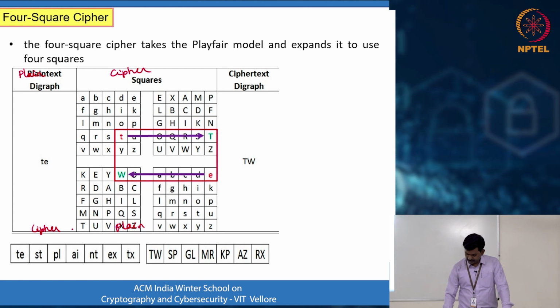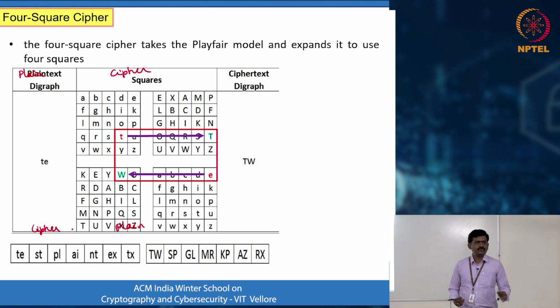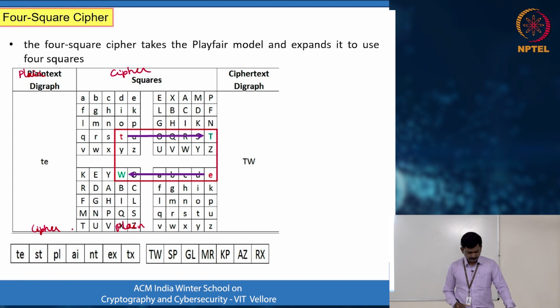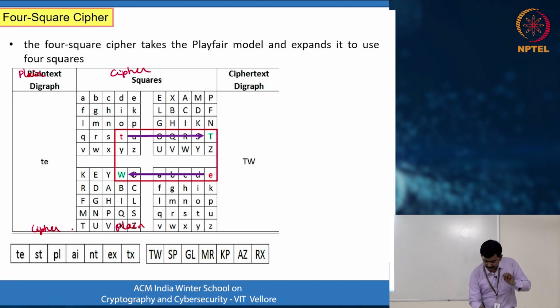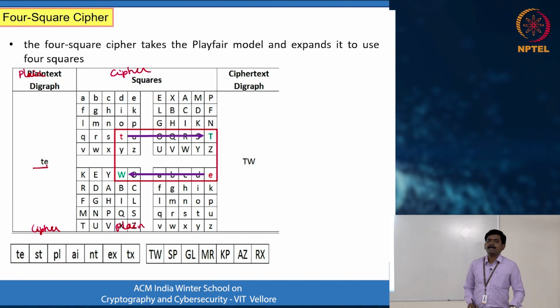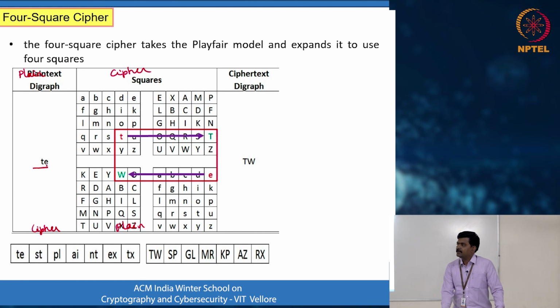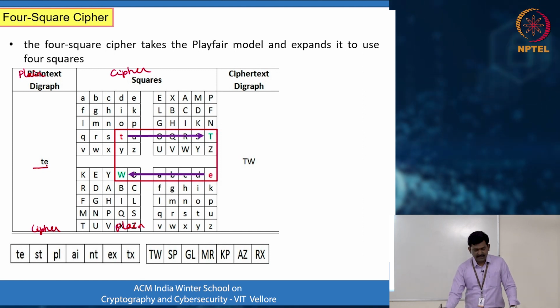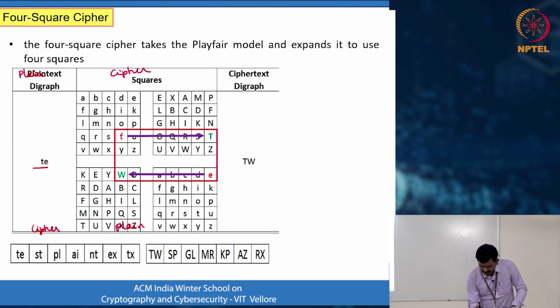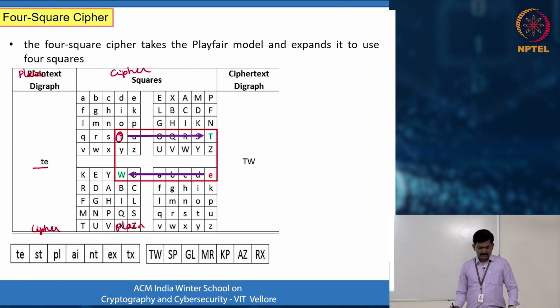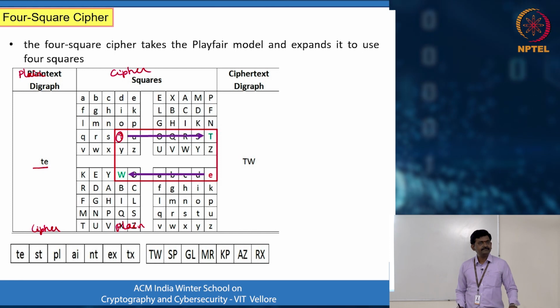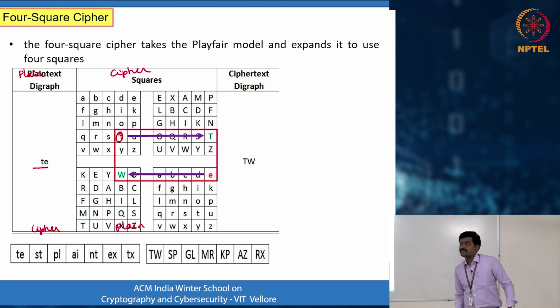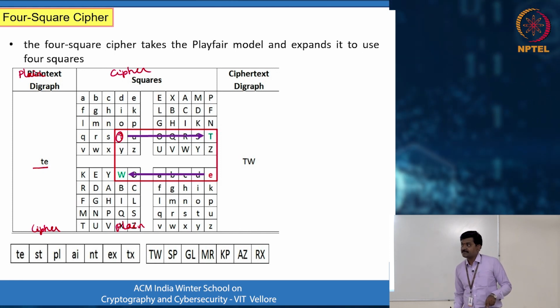Imagine you take two alphabets, TE, in my plain text. T is coming in the plain text for the first one, that is here. What is the second alphabet in the plain text?